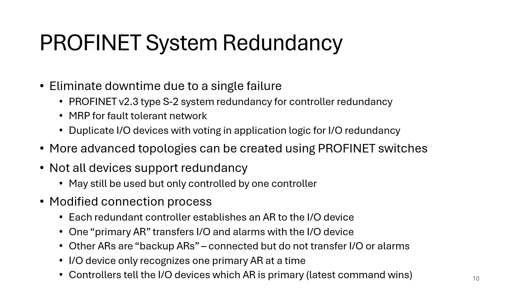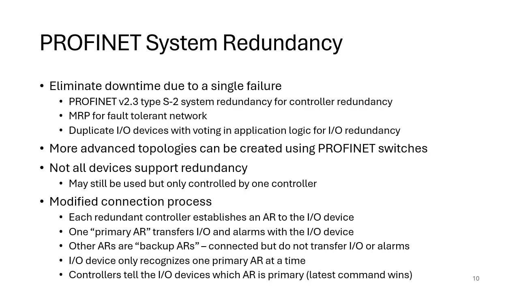So if you've got hot standby PLCs and your I/O is controlled by the master CPU, if it's a simplex I/O device without S2 system redundancy support, if that master PLC is turned off or fails, then the system will switch to your secondary or your backup PLC, but the I/O device won't, because it can only have a single application relationship. That application relationship fails, and then the I/O device stops being controlled and will go to its default state or on or off or whatever it is.